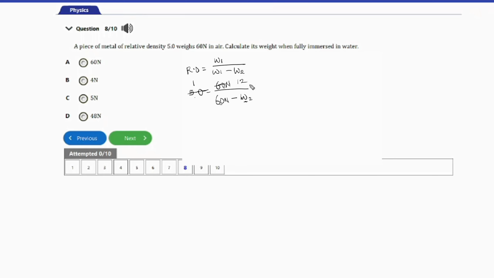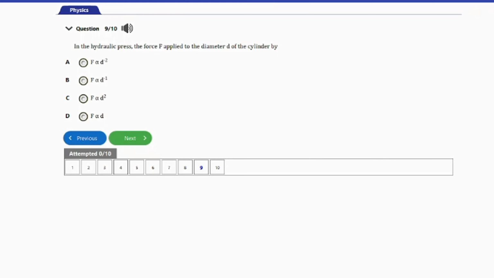So we are going to have that 12 is equal to 60 minus W2. So W2 now is going to be 60 minus 12, and that's 48. So guys, the answer to this question is option D, 48 newtons. And that's it for this question. So let's go ahead and consider the next question, guys. So that's question number 9.